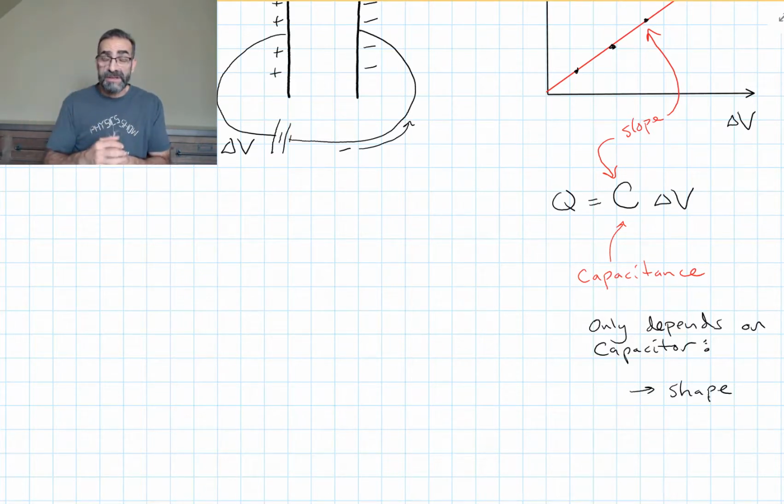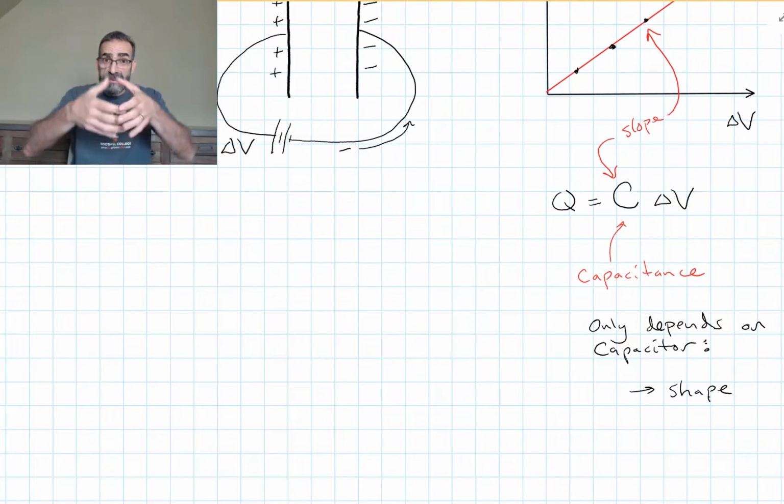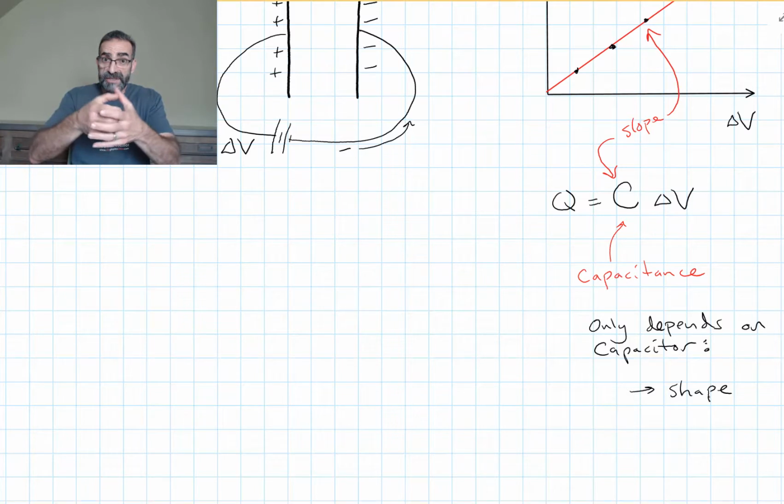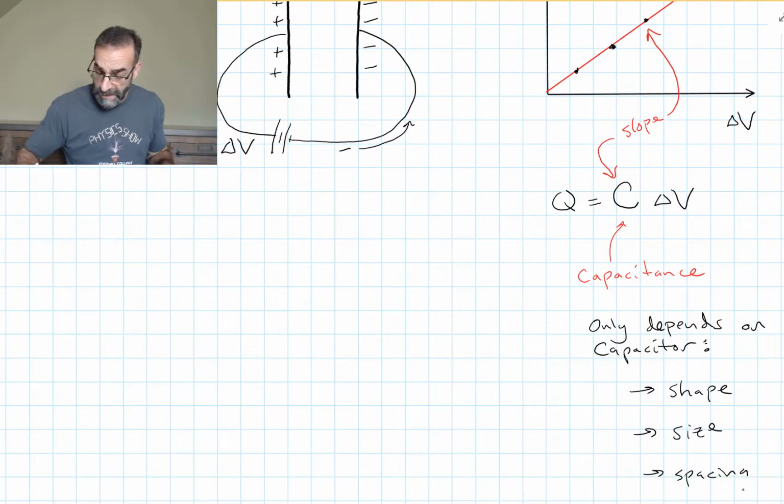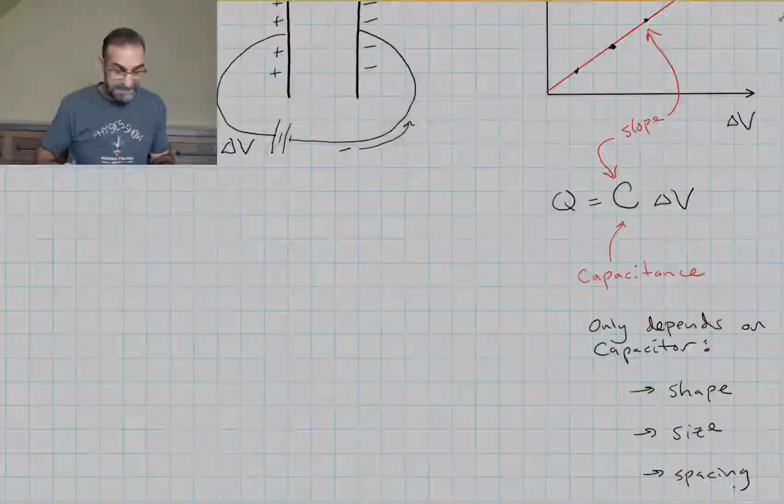That would also work. Maybe they're cylinders. Maybe there's a center rod with a cylindrical shell over the outside. Concentric cylinders that are conductive pieces would also make a capacitor. So it depends on the shape. What else does it depend on? The size, the spacing, and, which we'll learn shortly, the material between the plates. But we'll come back to that.